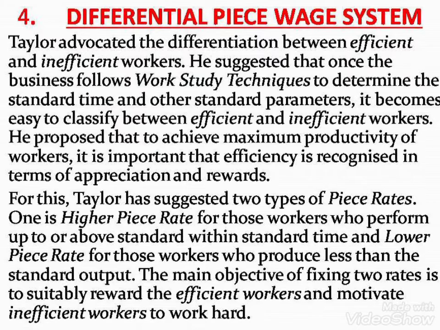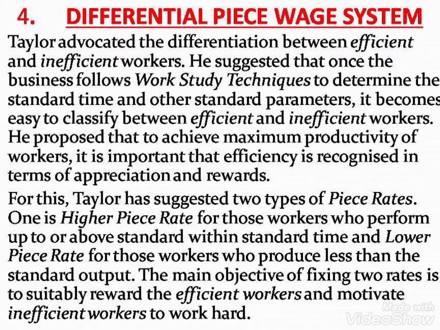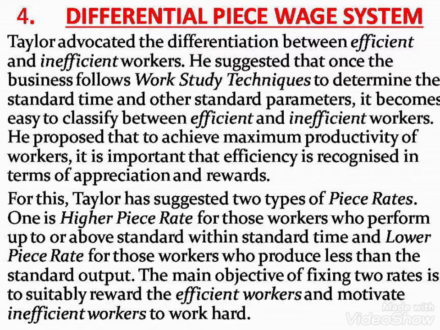So he had produced lesser units, then he will get a lesser rate. So for 8 units he will get at the rate of Rs 8 per unit, Rs 64, whereas Y will get Rs 120 because he had produced the units equivalent to the standard units or more than the standard units.